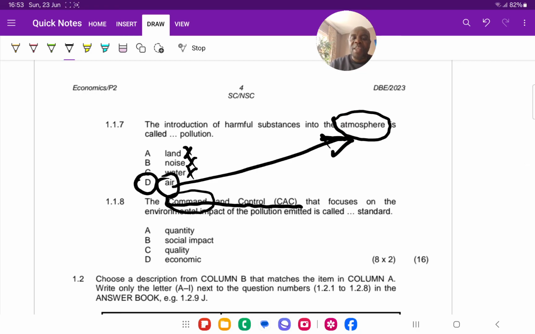That is command. Then control, the government is going to sanction any business that does not meet the standards that have been set. So the government gives a command in terms of the quality of these things that the business is supposed to produce. So in this case, the answer becomes C.